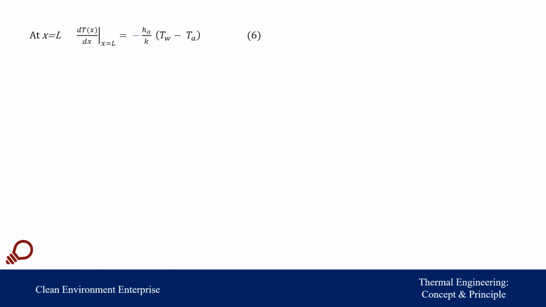If we continue with the solution, then at x equal to L, dT by dx equal to minus h sub A divided by K times (T wall minus T ambient).